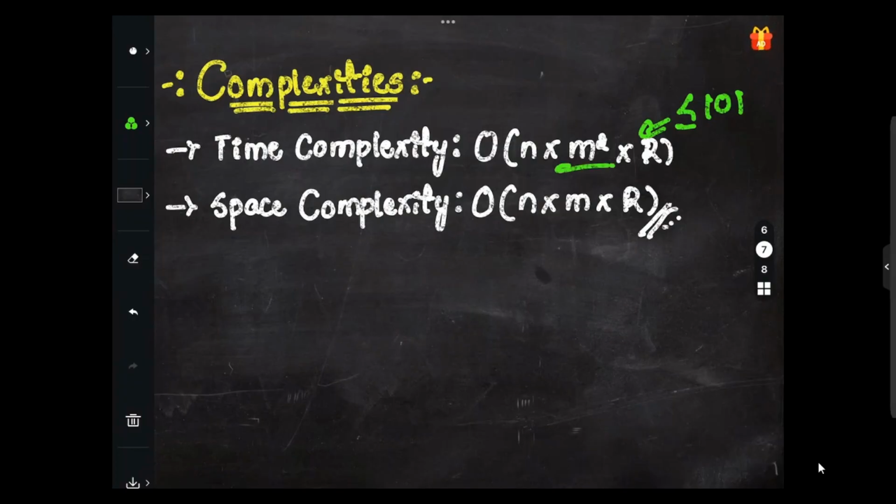Roughly we can write big O of n into m square into 100, but it's better to go with n into m square into r.